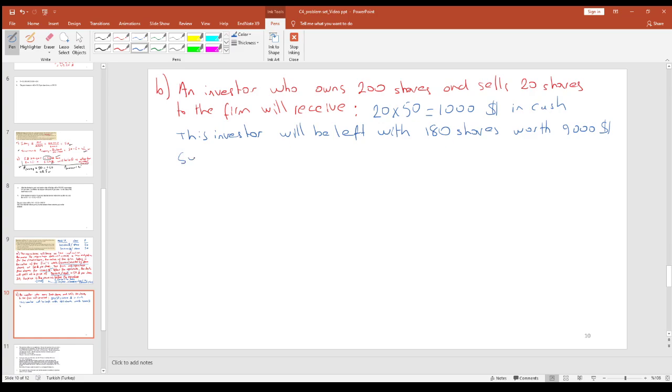So the total value of the investor's position is $10,000.